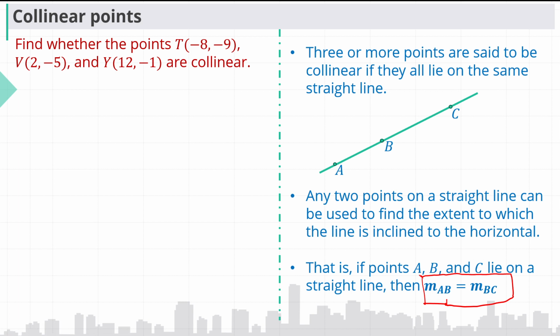Now we have a question here. Find whether the points T, V, and Y are collinear.